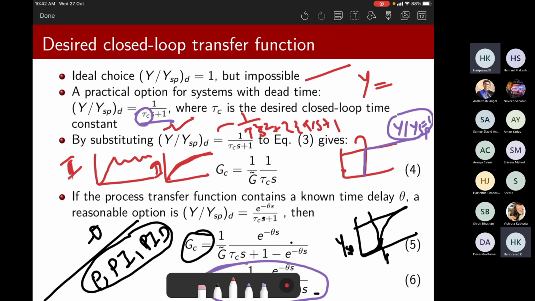Sometimes, working in the field, they would give you the step test experimental data instead of a process model. So you have to fit a model, substitute it over here, and the closed loop time constant would be given to you because this is the performance dictator. Cool.